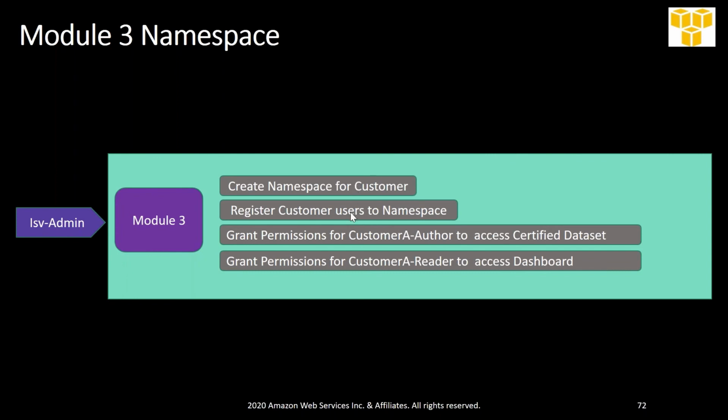There are 2 customer users that we still have not registered in QuickSight yet, so we'll register them, but we'll register them within this namespace. Then, because we have one author and one reader, we need to give them appropriate permissions. The author needs permissions to the certified dataset that we created, and the reader needs access to the dashboard. We'll execute all of this from within Cloud9 using the APIs.